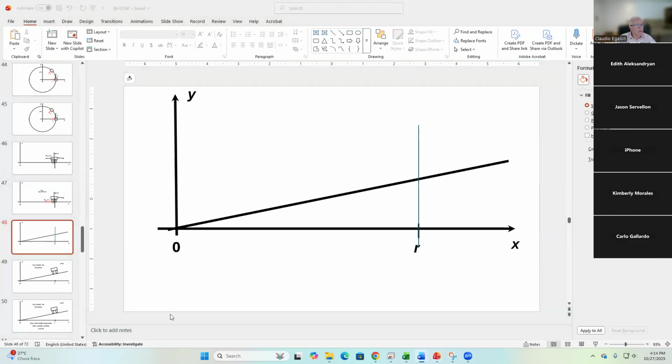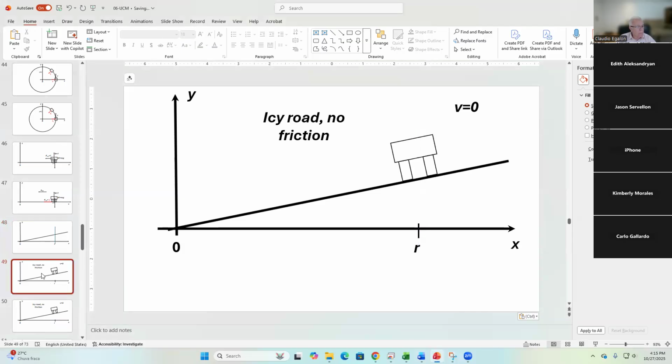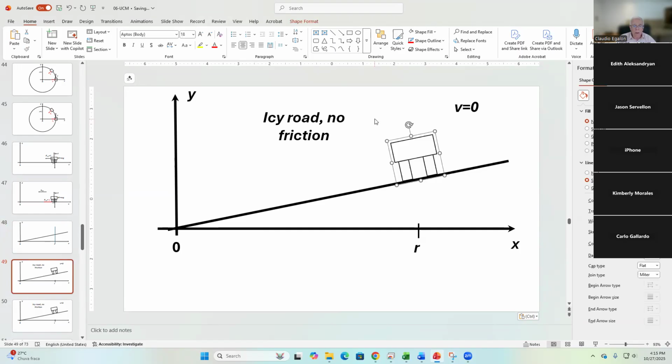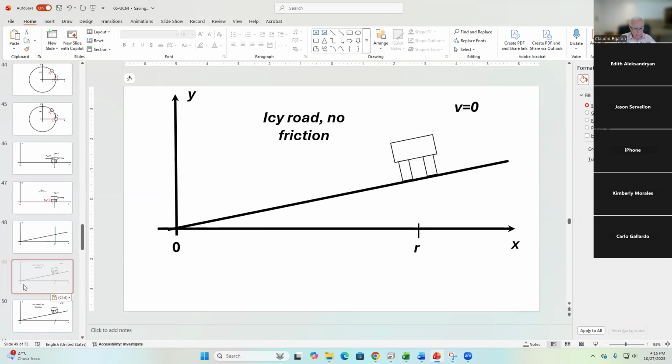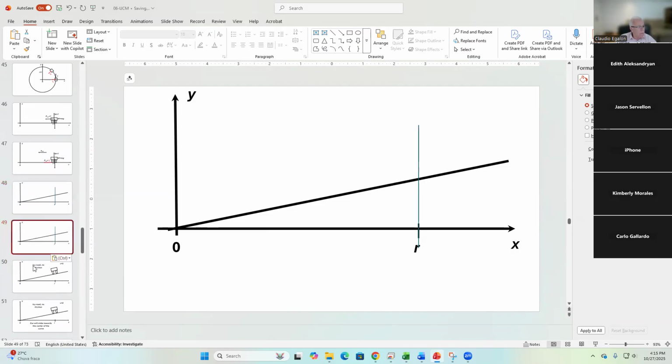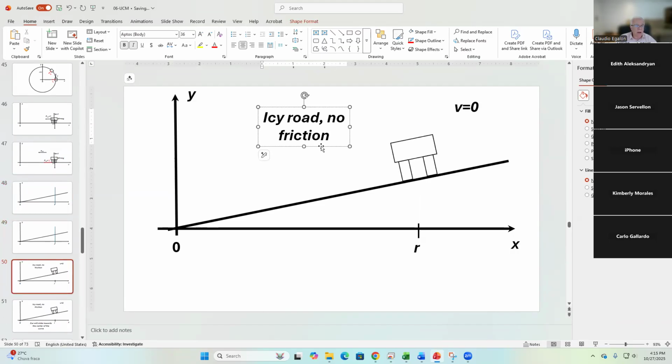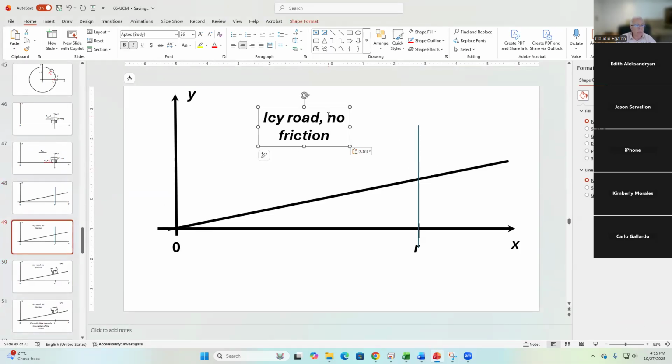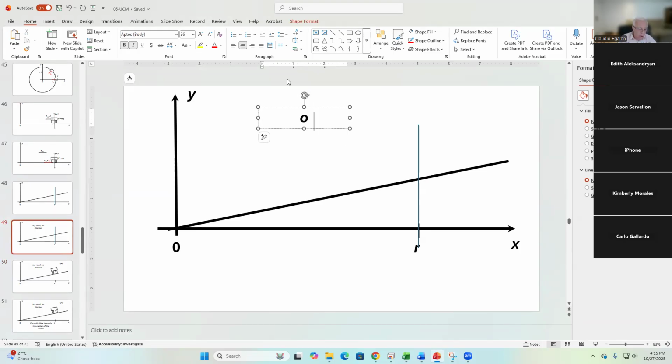Now assume that there is an oil patch on this banked curve. So assume that there is an oil patch or ice on the road.